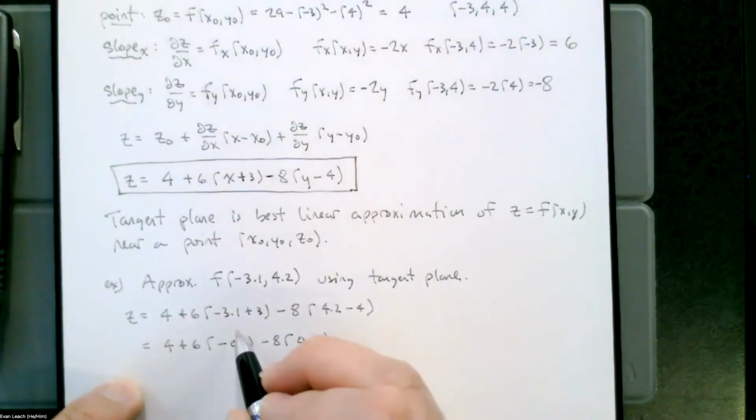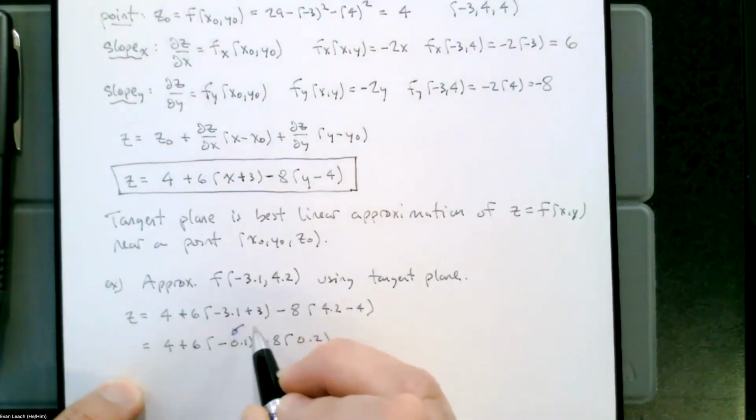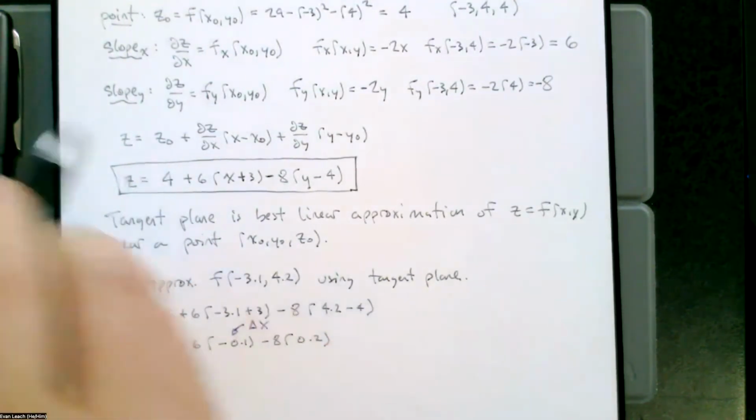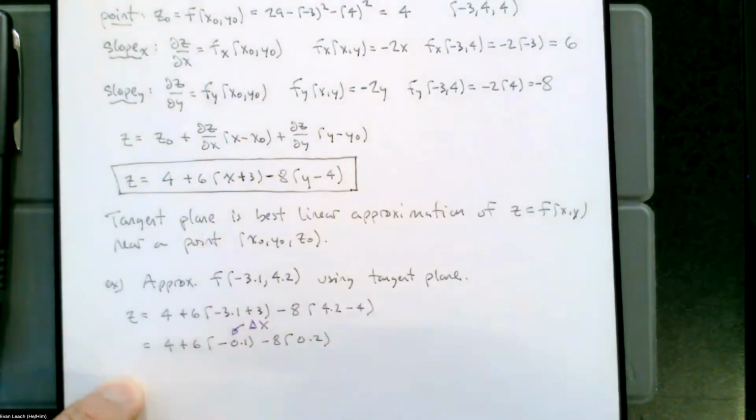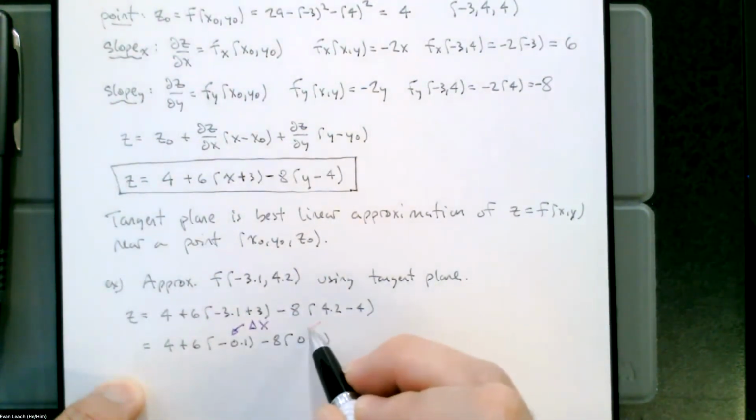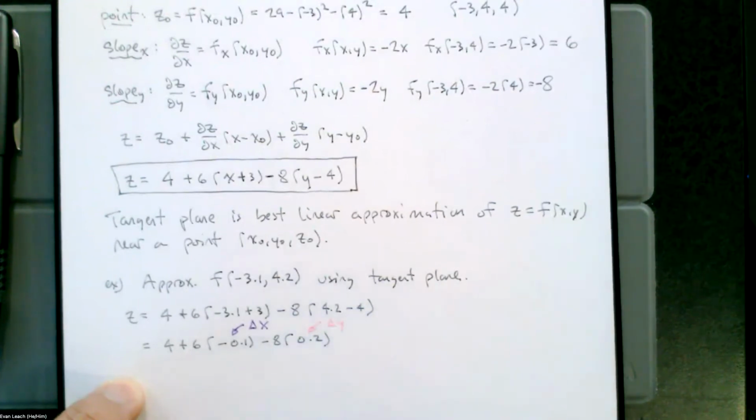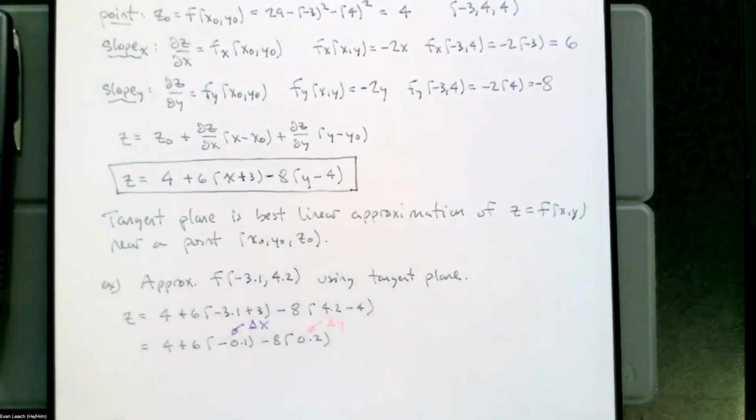So this negative 0.1 is a delta x. This positive 0.2 is a delta y. The 6 is delta z over delta x. So it's like we cancel out the delta x's and it tells us how much z is changing.